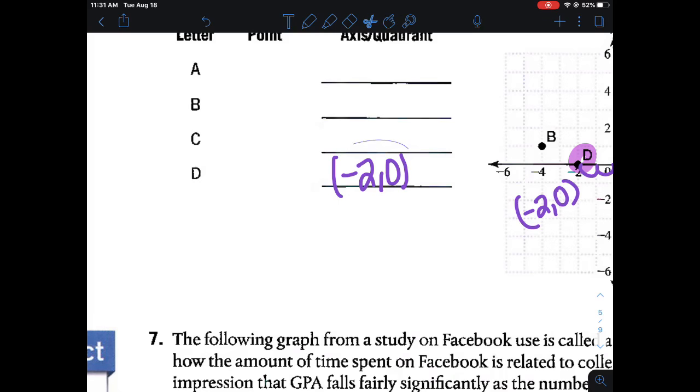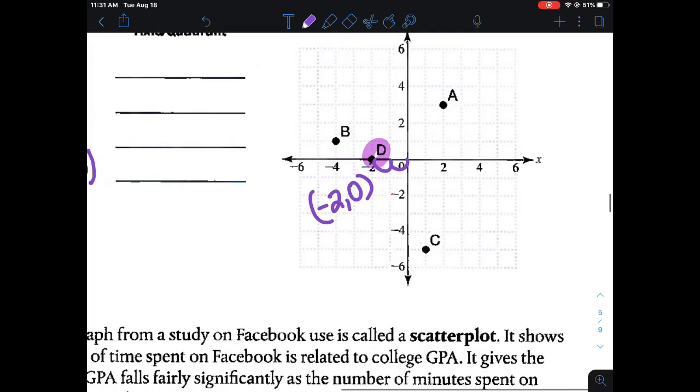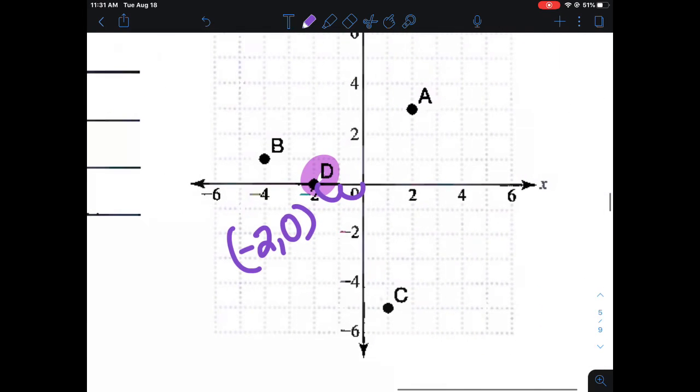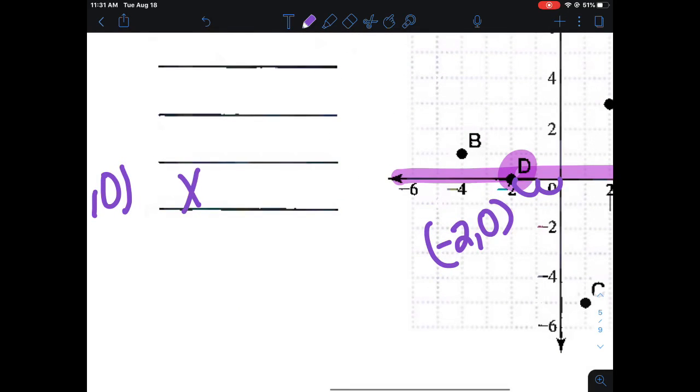Oh, wrote that in the wrong spot. Okay. Which quadrant or axis is this point on? Well, it's not in any of the quadrants because it's on an axis, and it happens to be on the x-axis. Okay, so this point's located on my x-axis. Perfect.